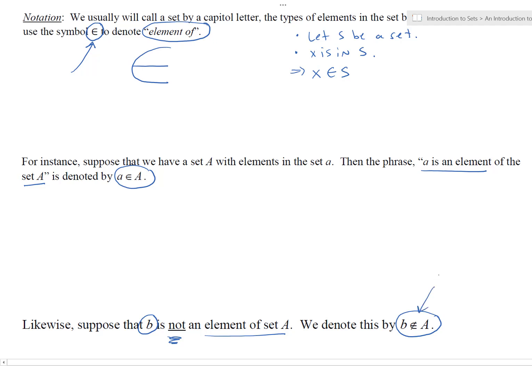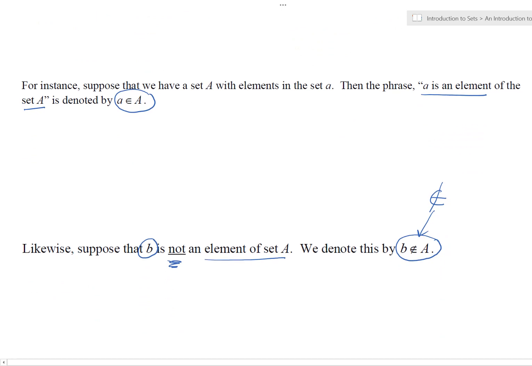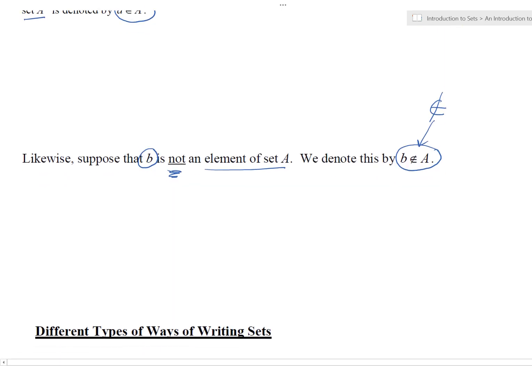You just take the element symbol and you negate it, essentially. b is not an element in the set A. All right, so some notation. So basic vocabulary. Sets are collections of objects, and the objects that are in the set are called elements. And we got this way of denoting whether or not something belongs to a set or doesn't belong to a set by this symbol, the element symbol.